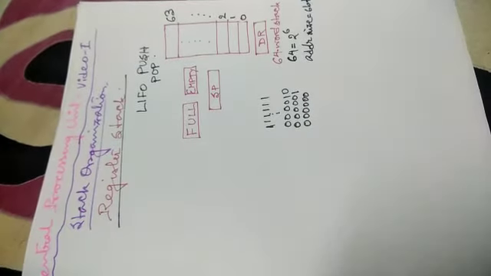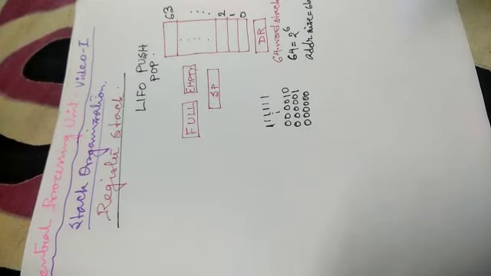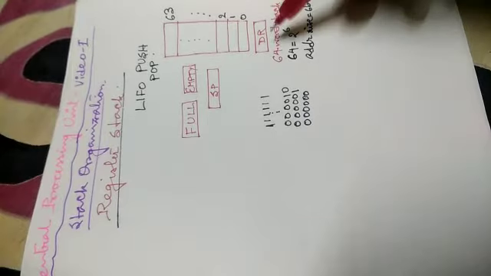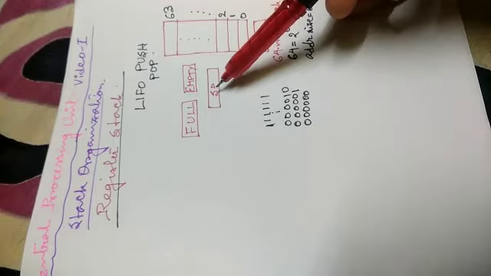Okay. Now what is DR, that is data register? You already know that whenever I talk about a memory, one data register and one address register are always associated to that memory. Here that data register is DR and address register is stack pointer.